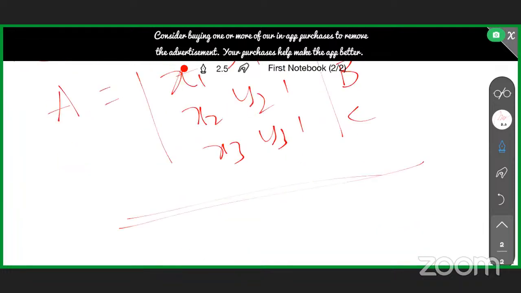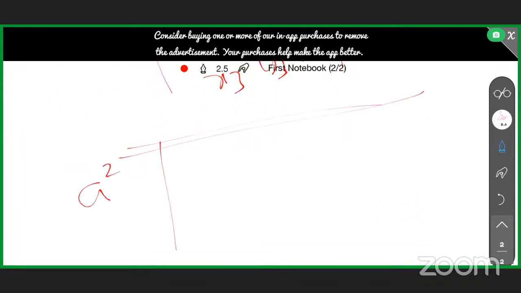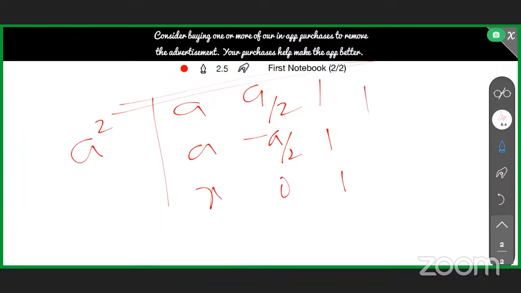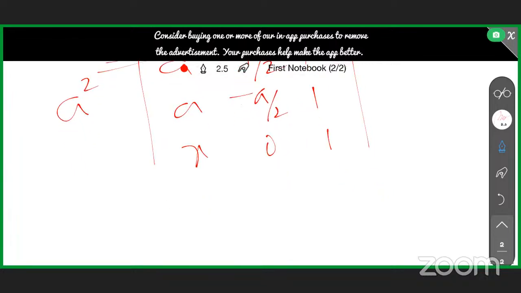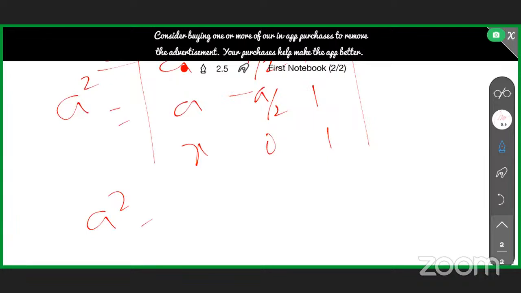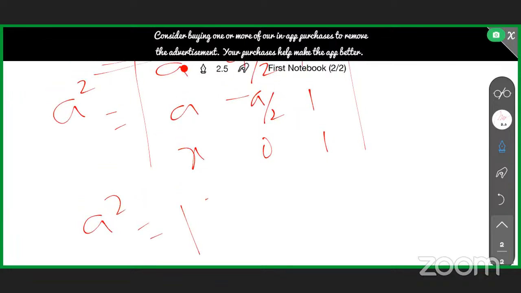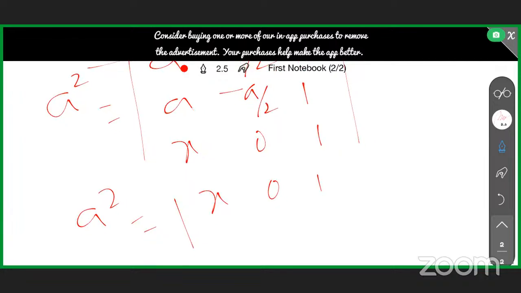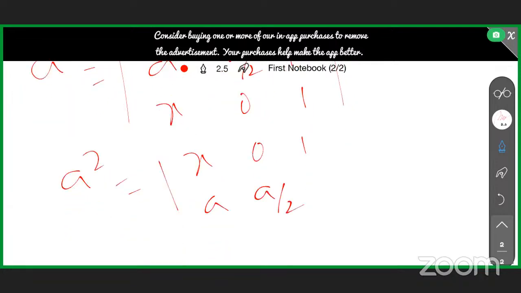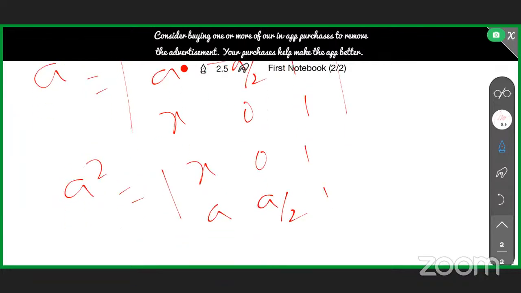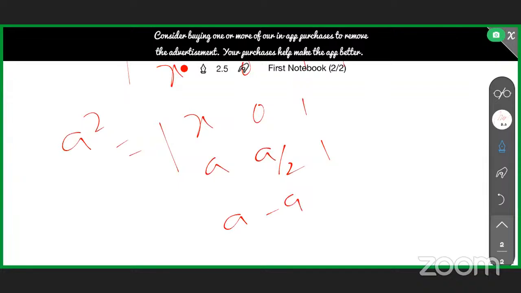It should be like this: a square, a by 2, 1; a, minus a by 2, 1; x, 0, 1. We know the rule for determinants: any two rows can be interchanged. So I'll interchange. Because y is a point on the x-axis, the y coordinate is 0. So this will be a, minus a by 2, 1.